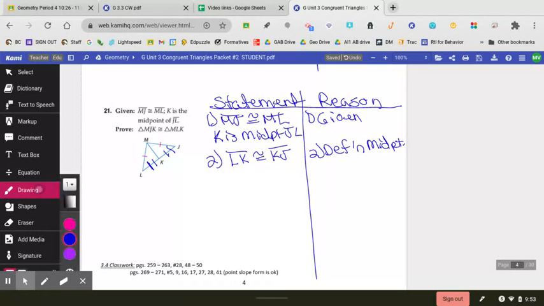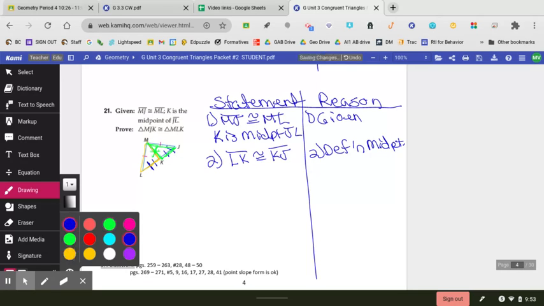Well, if I look, the triangles I want to prove congruent are MJK, which I'm making yellow. And then I also want to prove that's congruent to MLK. And I flip-flopped these, but I made one green and one yellow. So notice that they overlap right here at MK.